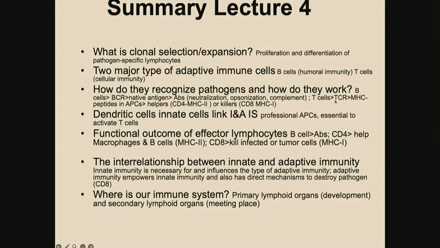So the T cells recognize peptides in MHC molecules, in APCs, and we have two types of T cells. We have learned CD4 T cells that recognize peptides presented in MHC class 2 and are called the helper CD4 T cells. Why are they called the helpers?